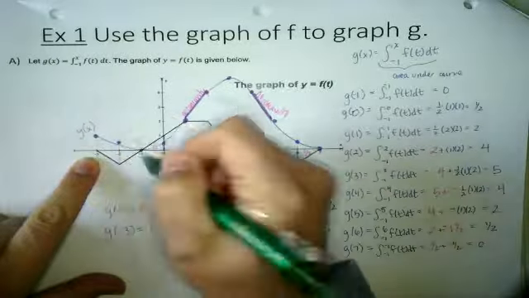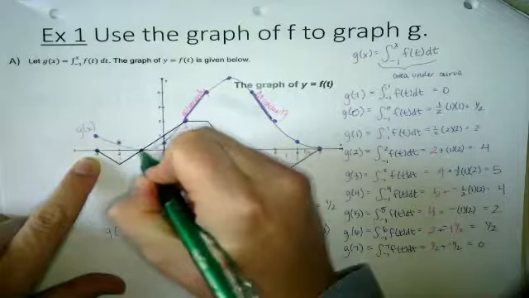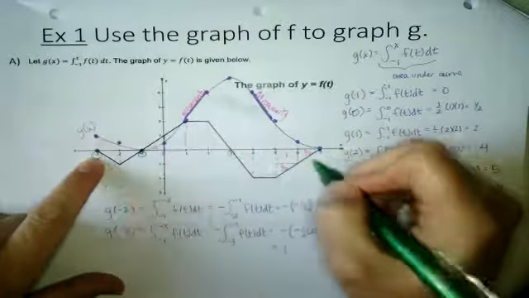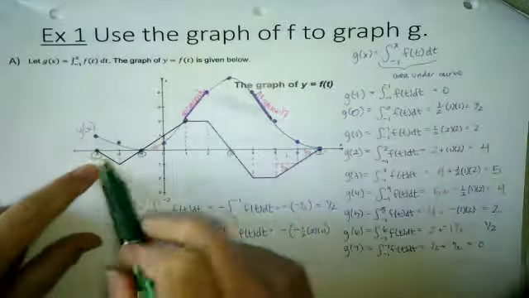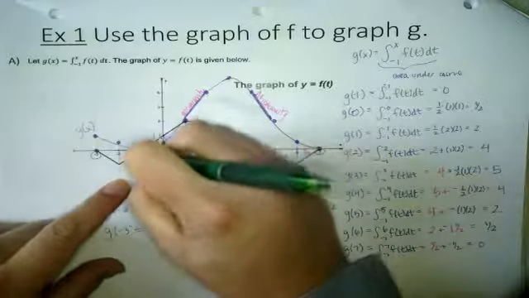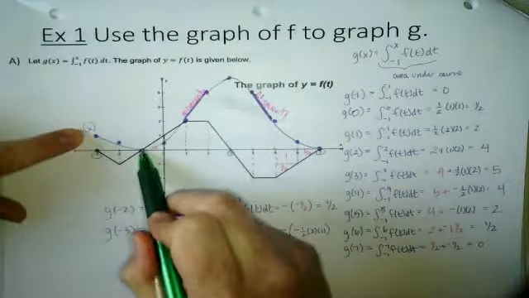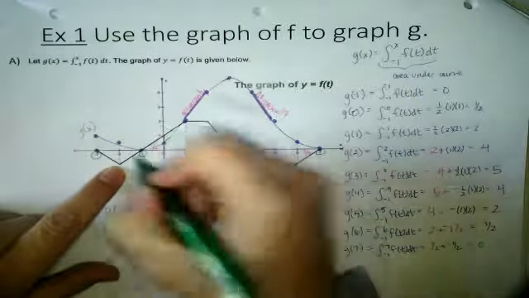And so we had critical numbers anywhere where the graph crosses the x-axis. So -1, -3, 3, and 7 are all critical numbers. You can see here at -1, our graph of G does reach a local minimum. And you can tell that because our graph of F is changing sign.